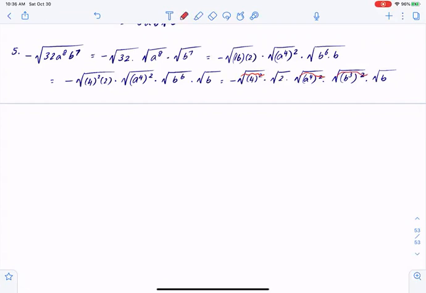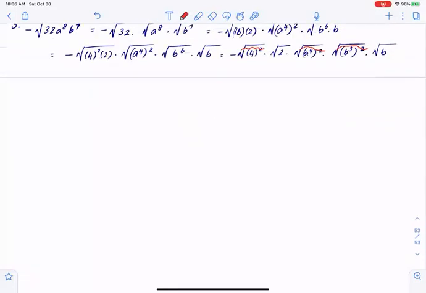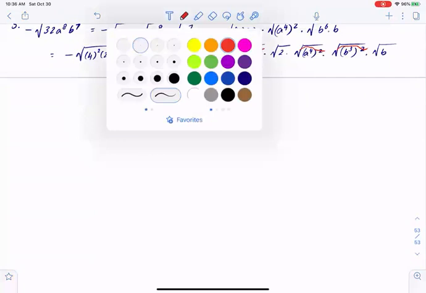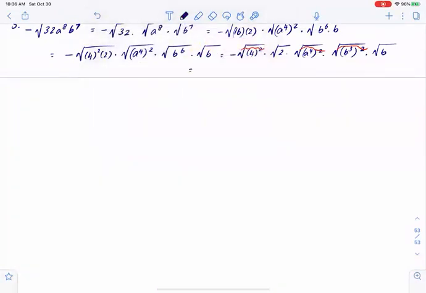So I'm left with negative 4 root 2 a raised 4 b cubed root b. So we know that we can combine the roots there because they are the same.